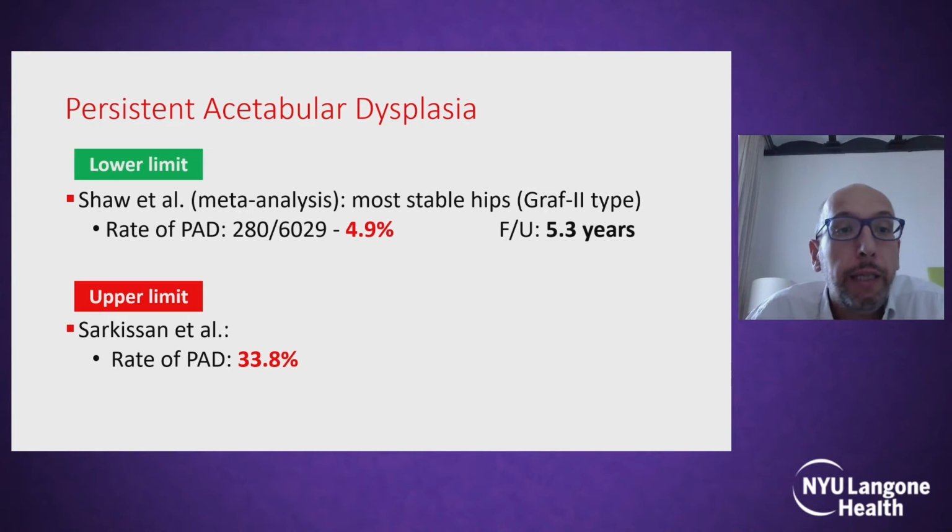However, it is not really known what the frequency of this persistent acetabular dysplasia is. If we look at the literature, we have a broad range between 4.9 and 33.8%. The lower limit of persistent acetabular dysplasia is probably related to the fact that in this analysis, most hips were stable.